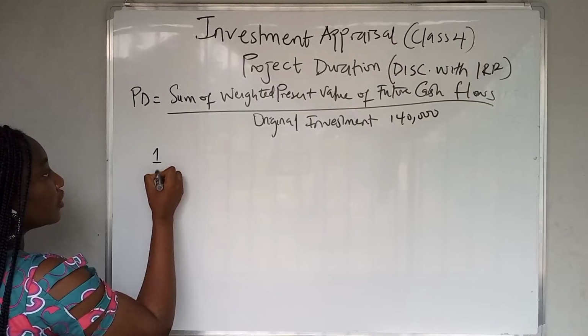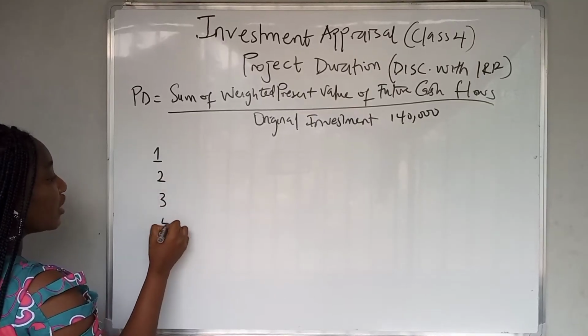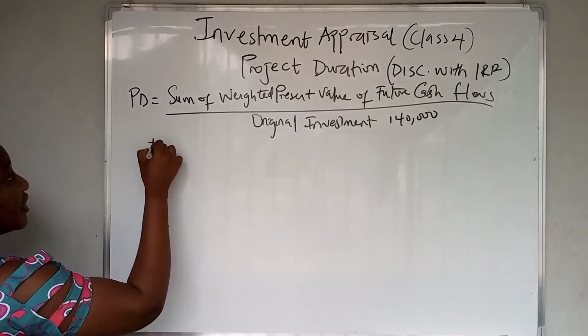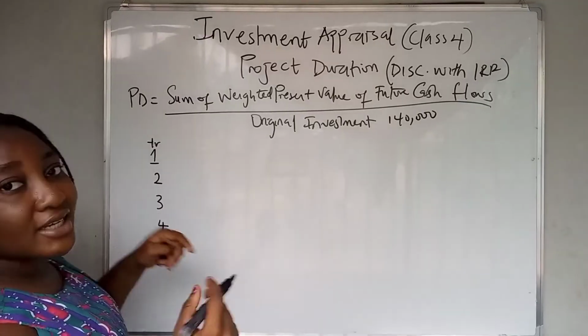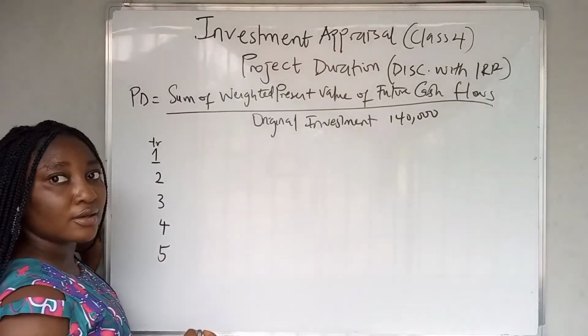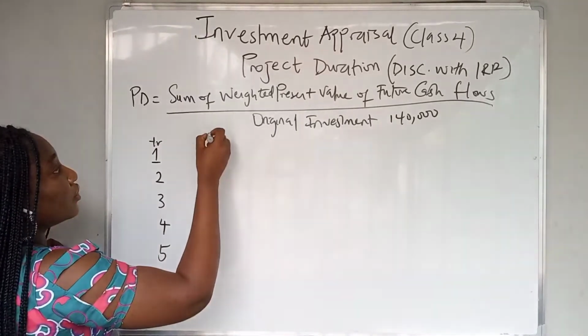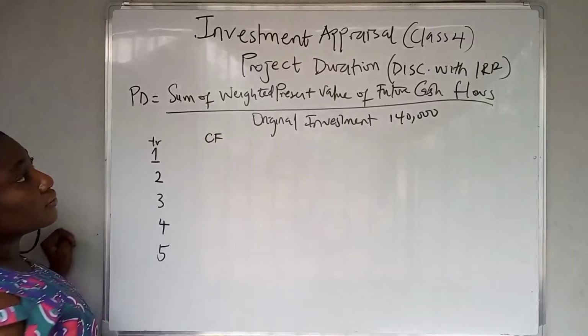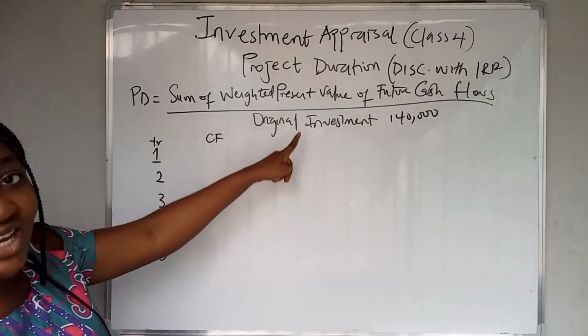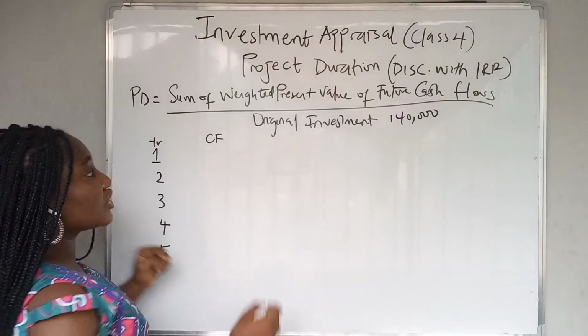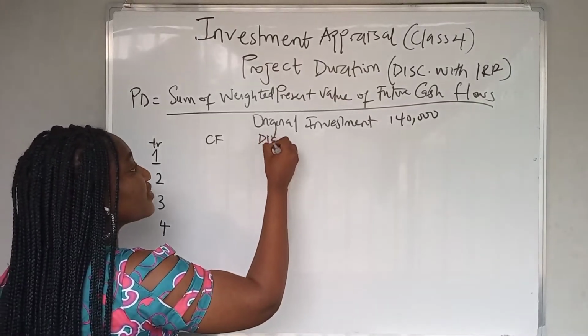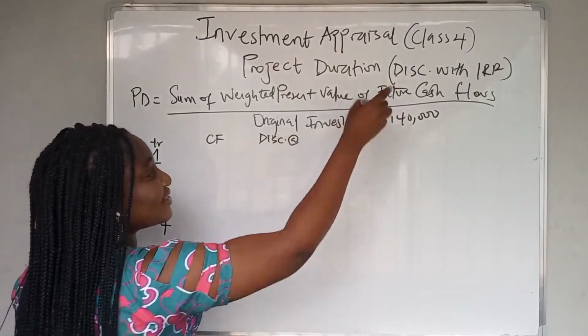Year 1, year 2, year 3, year 4, year 5. Those are your years, right? Then what are the cash flows in those years? You write the cash flows. You would discount because you're trying to get the present value of the cash flows. You would be discounting at what? At IRR.